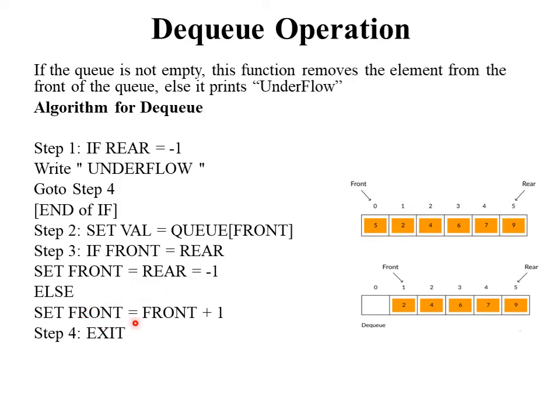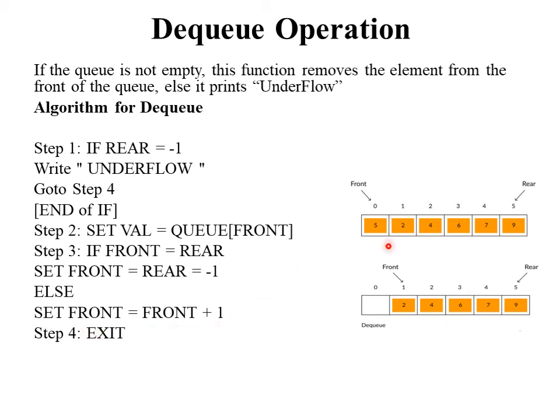Else set front is equal to front plus 1. So see here, if rear is equal to front, then we consider that queue contains only one element. So we directly put -1 in rear and front. Otherwise we set front is equal to front plus 1.